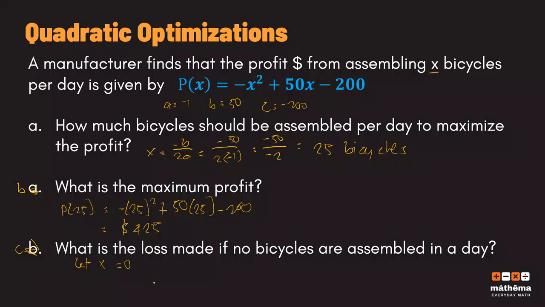So we will have P(0) = -0² + 50 times 0 - 200. So this is 0 + 0 - 200. Our answer is a negative $200. So meaning to say the company will lose $200 per day if they fail to produce even a single bicycle.